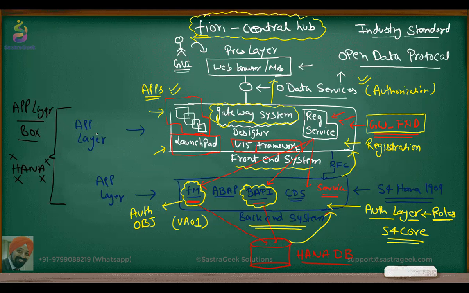The front-end system and the presentation layer are two different layers. Earlier, our application layer was linking with your GUI, so our presentation layer was GUI. Now our presentation layer would be the web browser.